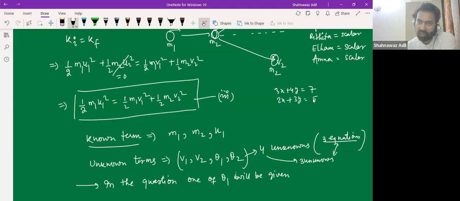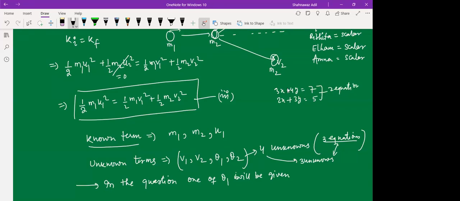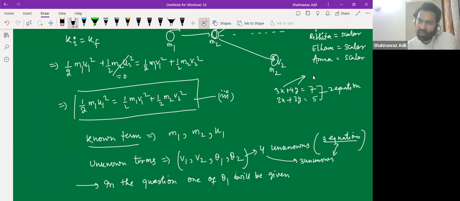When I give you the other equation, you can solve for x and y. So x and y, you have two unknowns, right? Whatever the number of unknowns, that many equations you need to find the values of the unknowns.